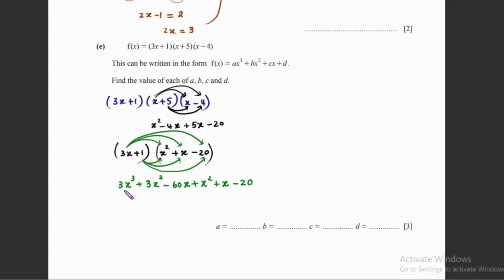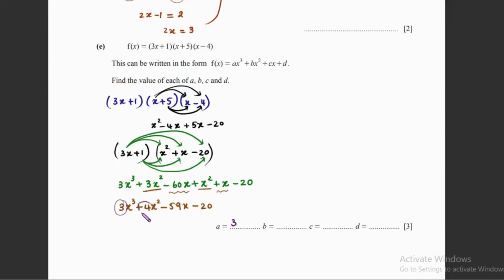Now I can combine all the like terms that I have here. So that will give us 3x cubed. 3x squared and plus x squared is the same as 4x squared. Then I have minus 60x and plus x, which is minus 59x. And then I have minus 20, which means 3 is the value of a.